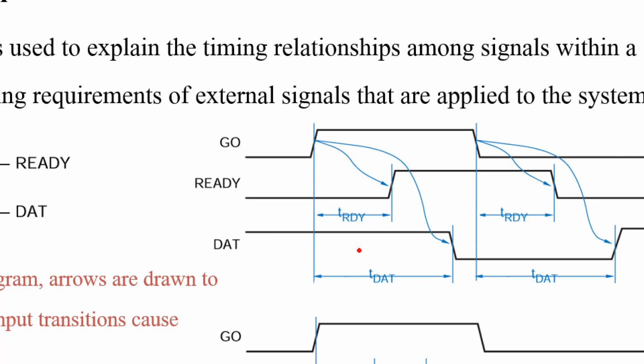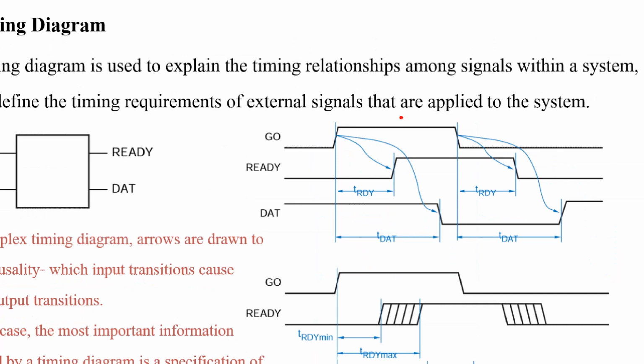It is then called TRD1. Okay, the ready signal, and the change at the output data is also due to the change of input go.